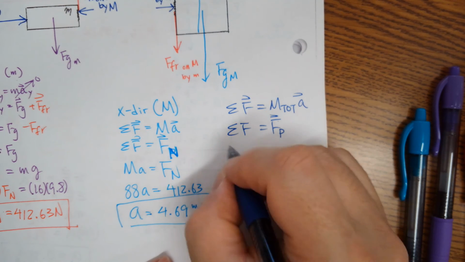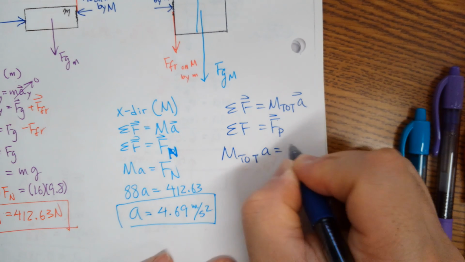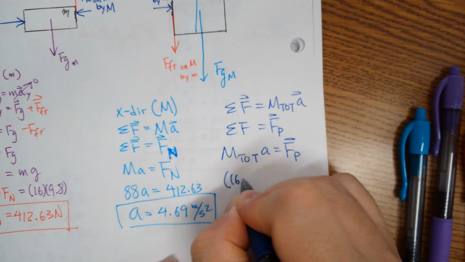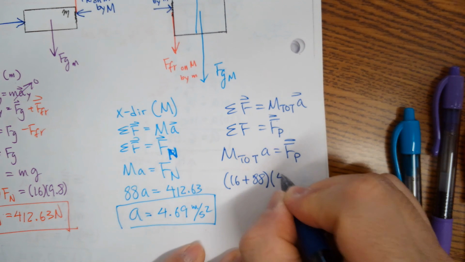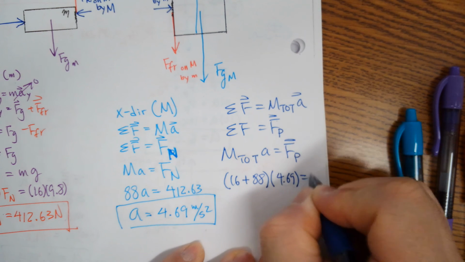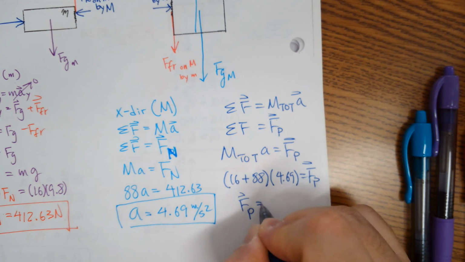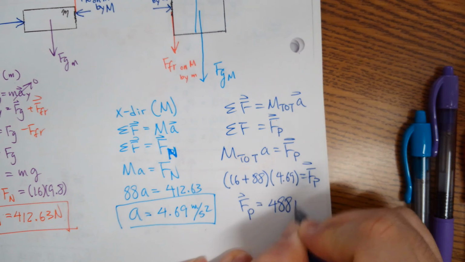So F push is equal to 16 plus 88 times 4.69 is F push. So F push is equal to 488 newtons.